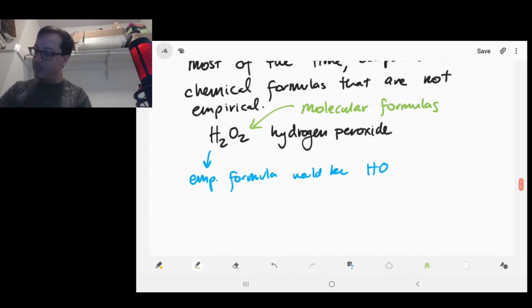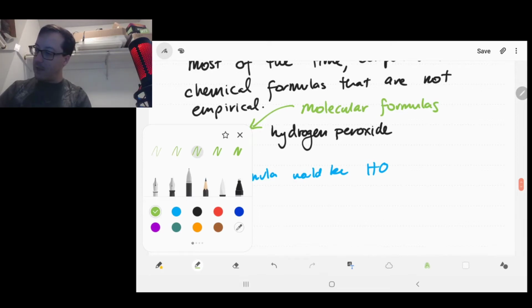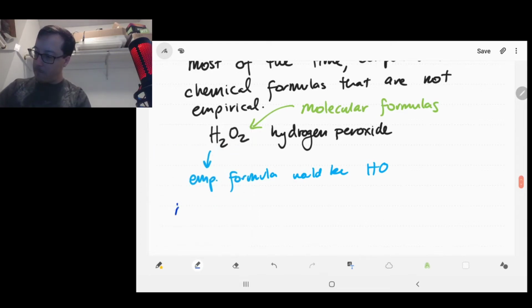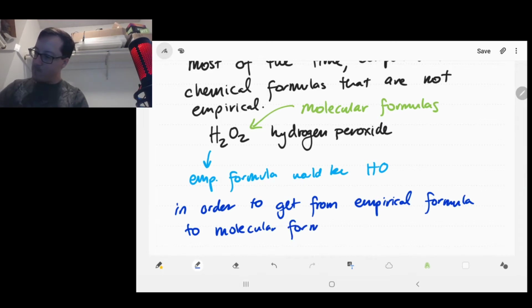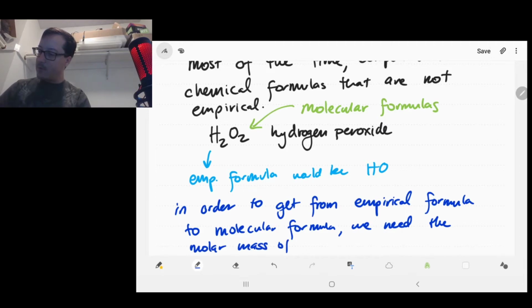And so in order to get from empirical formula to molecular formula, we need the molar mass of the compound.